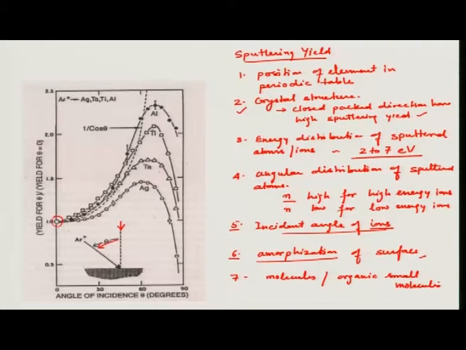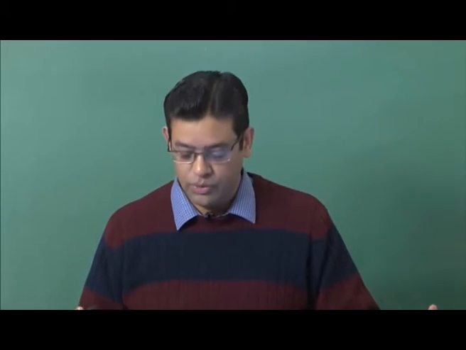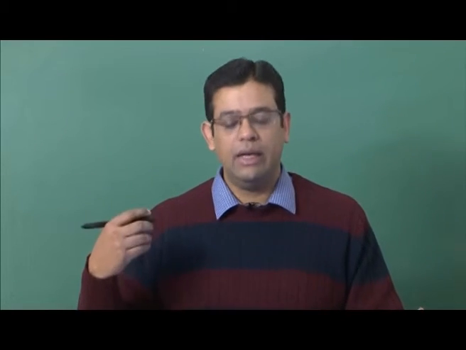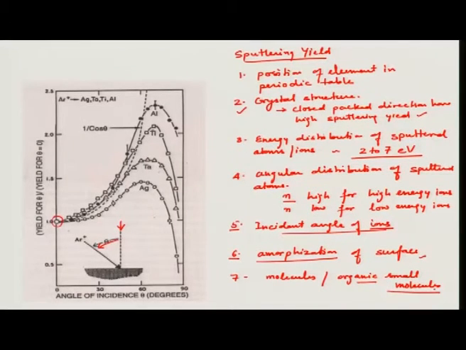Organic molecules are soft material, and it is counterintuitive to think that you will be able to sputter them, but in fact, under certain conditions, you can sputter these organic molecules from a target. So this is about sputtering yield and how the sputtering process at the target happens.